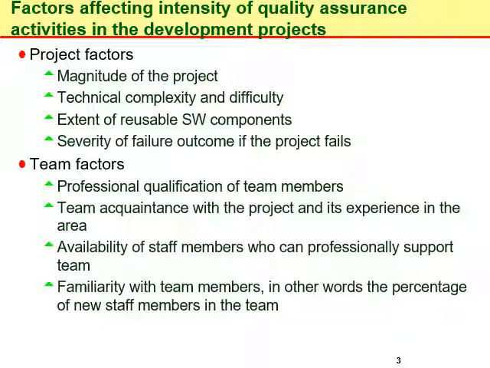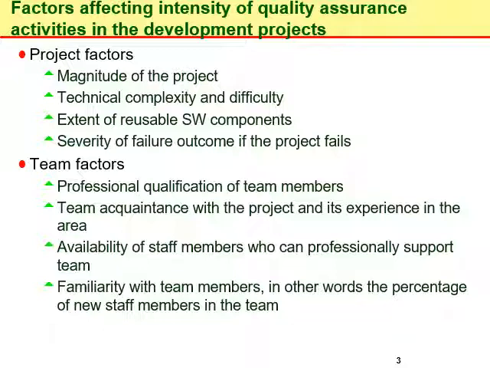The project factors include magnitude of the project, that is, the size of the project. Of course, if the project is of large size, it may affect the quality or intensity of performing certain quality assurance activities.